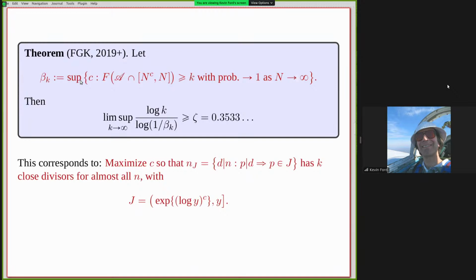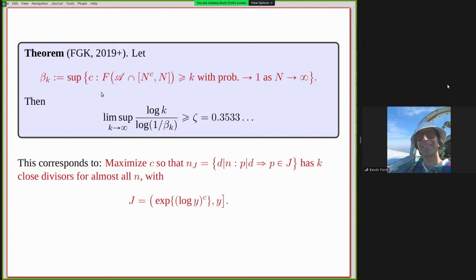And for a given k, we want to maximize the value of c. In other words, make the interval as short as possible so that we have at least k equal subset sums with high probability.